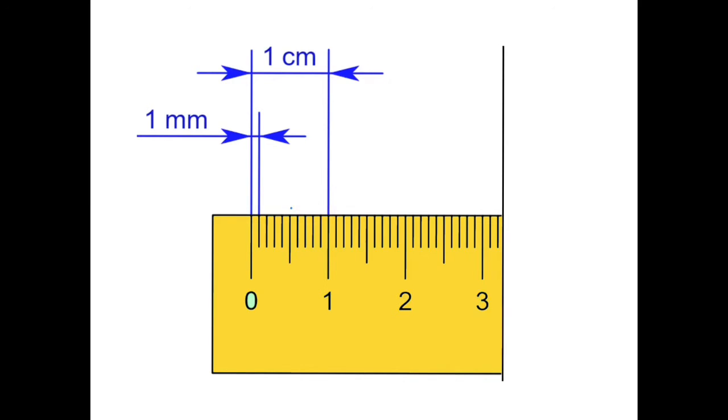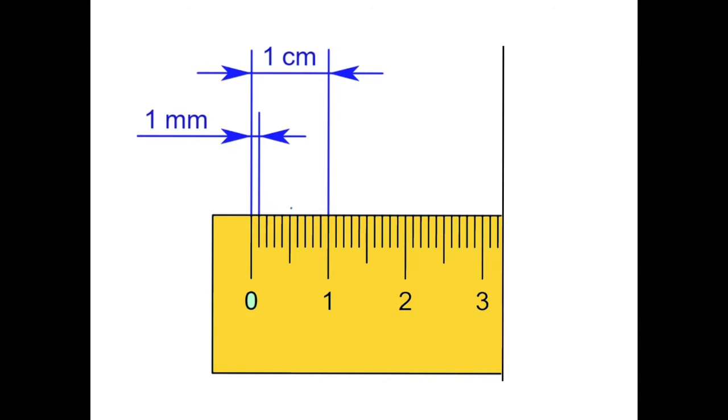So between each two numbers there are 10 subdivisions. Any two small lines if you take, this tiny gap is 1 millimeter.